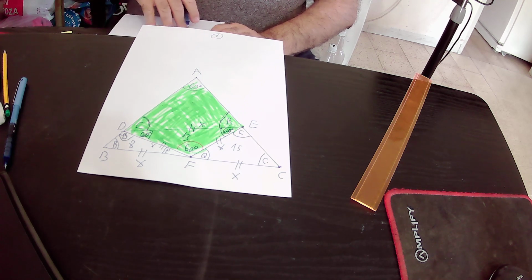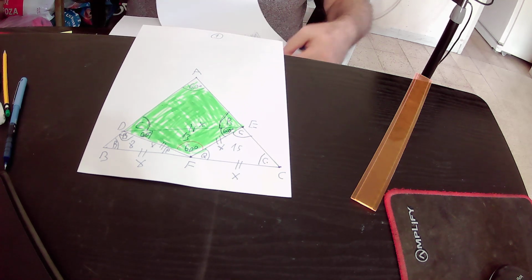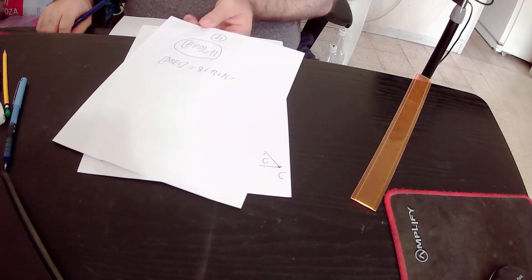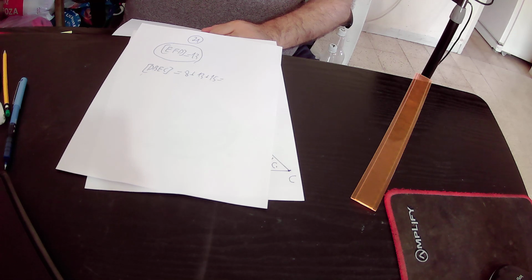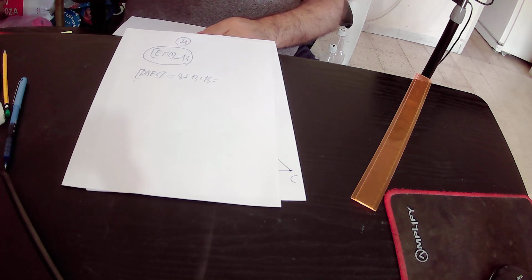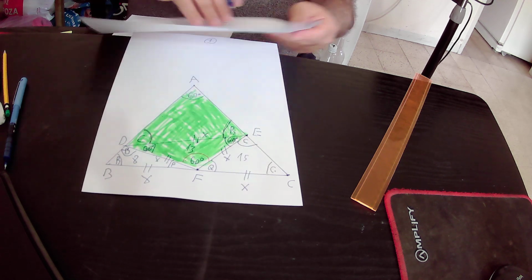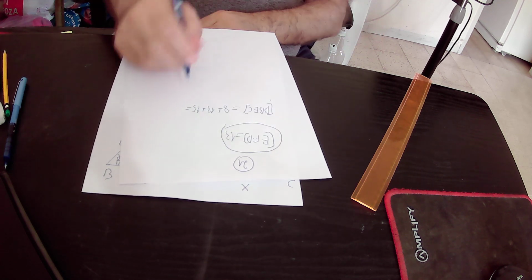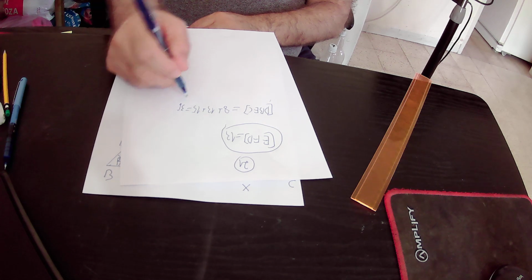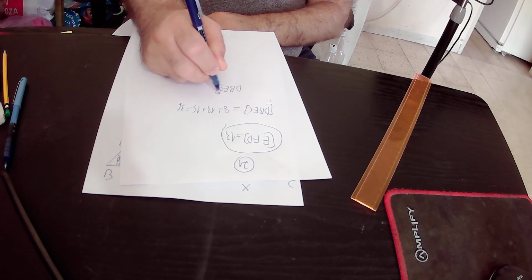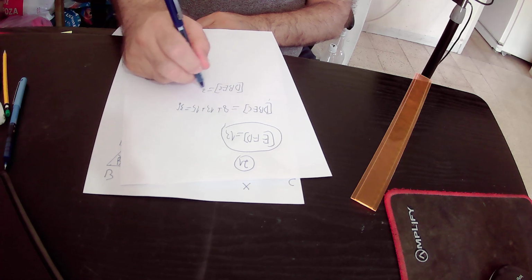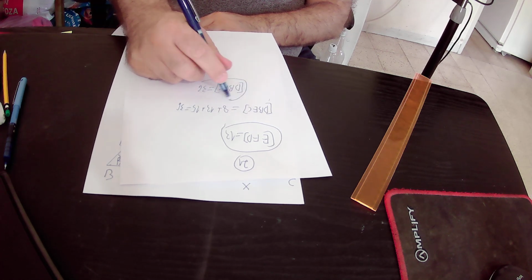So in total, the area of quadrilateral DBEC equals 8 plus 13 is 21, and 21 plus 15 is 36 square units.